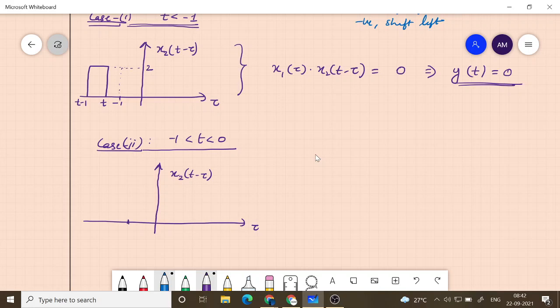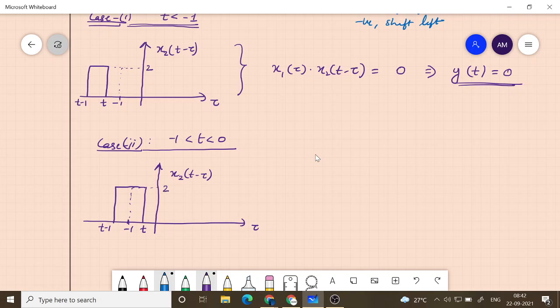So here this is my minus 1. Earlier the function was like this. Now I am shifting it by t units to the left. So t is somewhere here. This is t and this is t minus 1.